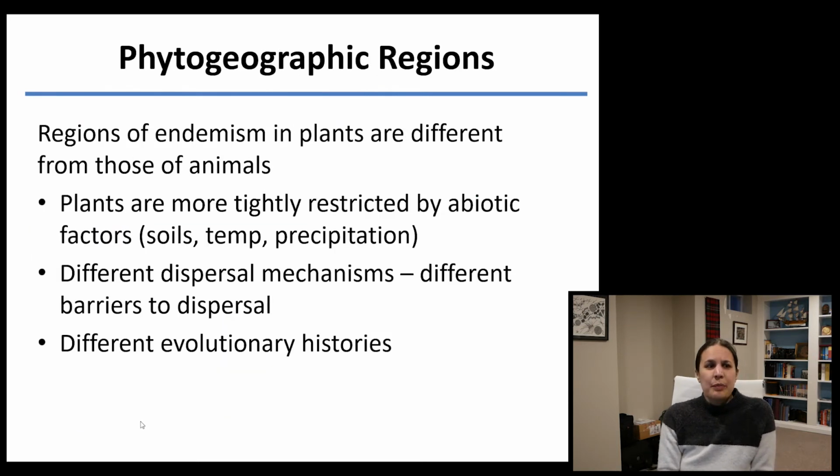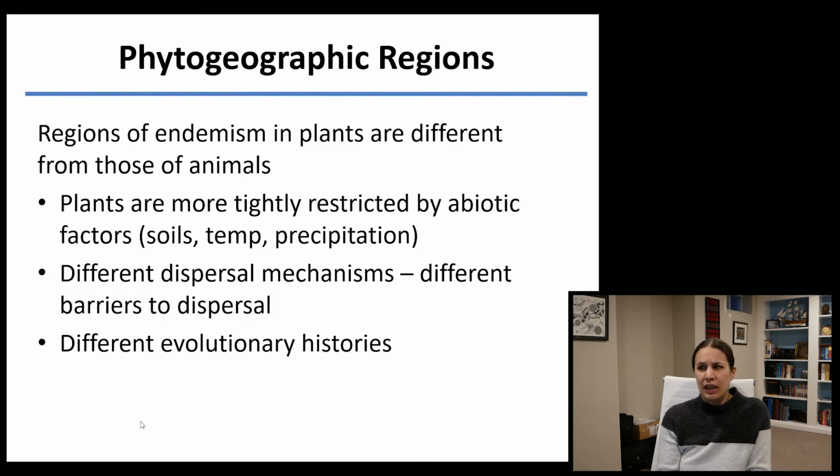So I made a point to mention that those 6 terrestrial regions, the Slater-Wallace scheme, is based on zoogeography, so animal distributions. And the reason that I mentioned it is because when you look at plant distributions and you try to identify biogeographic regions based on their endemic plants, the result that you get is going to be somewhat different.